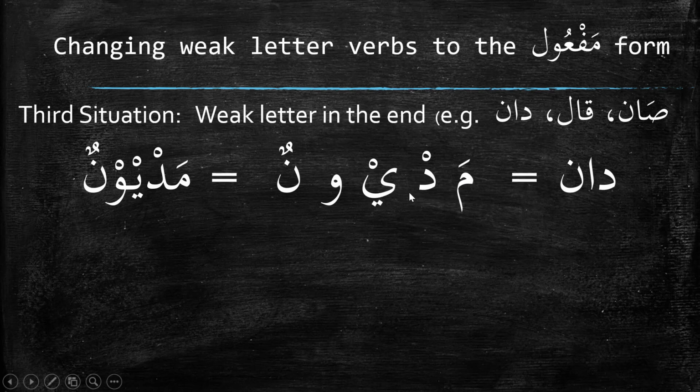Now here we still have a problem because we can't have 2 sukoons together. Let me repeat that. We cannot have 2 sukoons together. That will not work. So how can we get rid of the sukoon and preserve the letter?